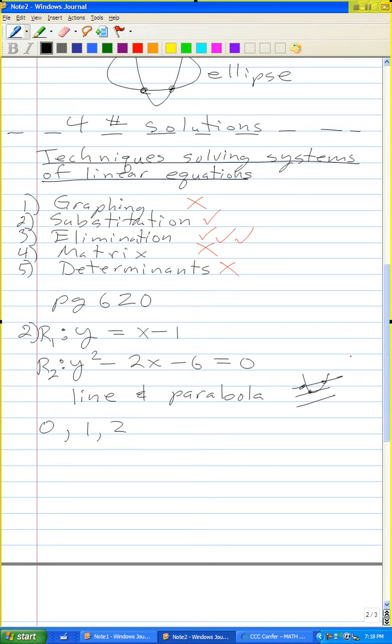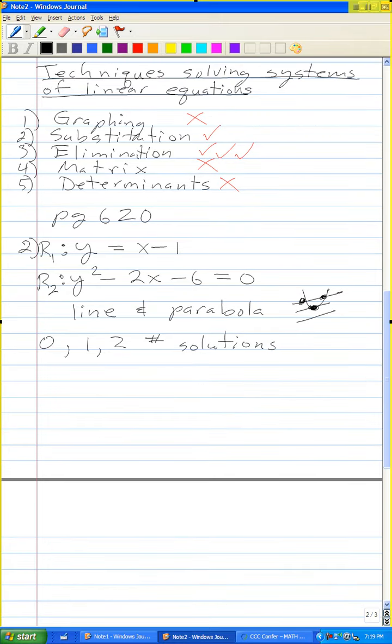And really, that's about it: 0, 1, or 2 solutions. Those are the only real possibilities for intersections between a line and a parabola.